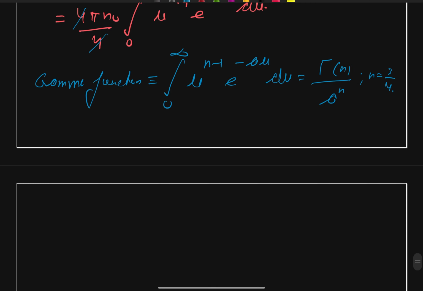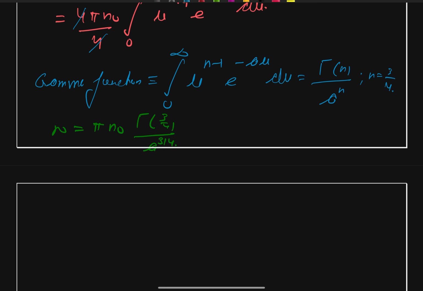Therefore, we get our N is equal to pi n naught, and gamma of 3 by 4 divided by alpha to the power 3 by 4, and we are asked about only proportionality.